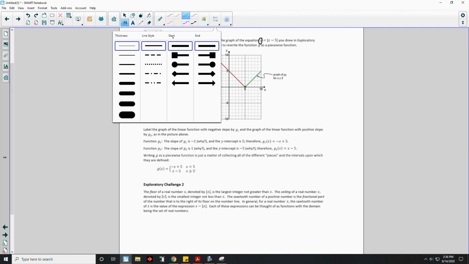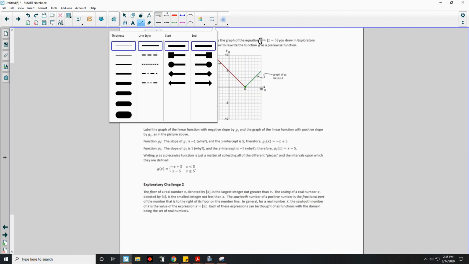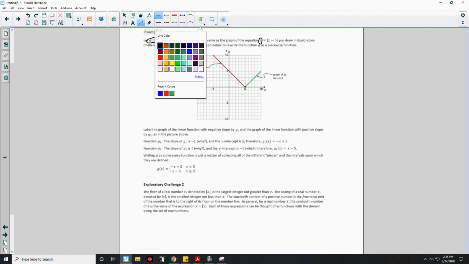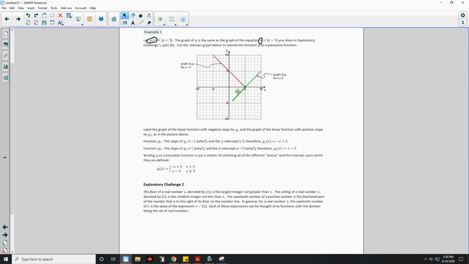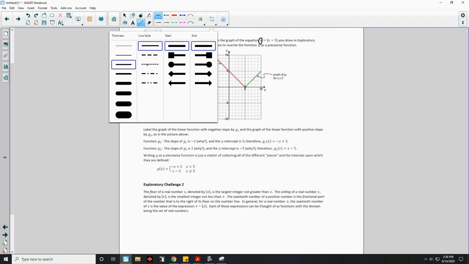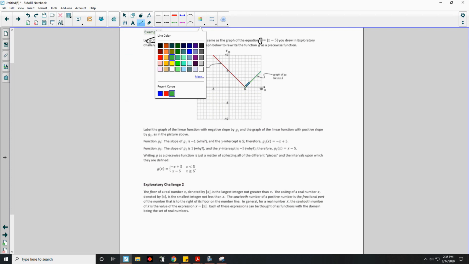So I'm going to do this with a dashed line. Just to make this really clear, go back to here, and then if I draw a dashed, thin, green line and continued it like this, it doesn't go this way, that's why I'm using a dashed line.